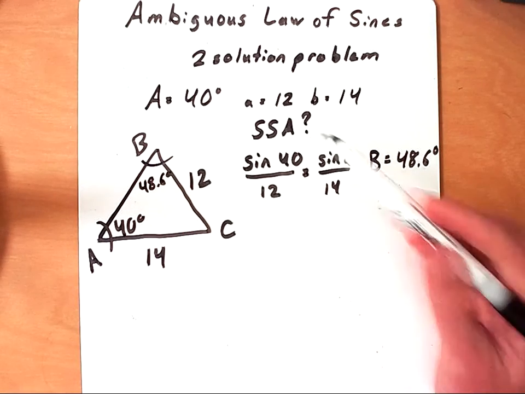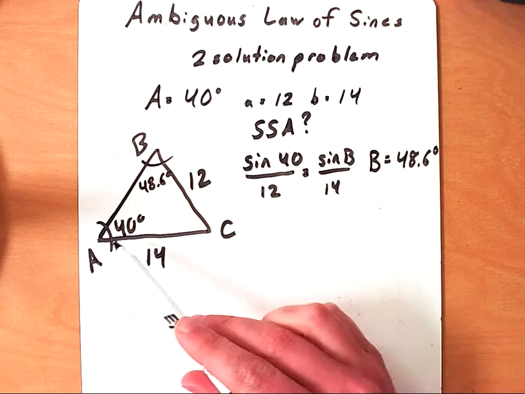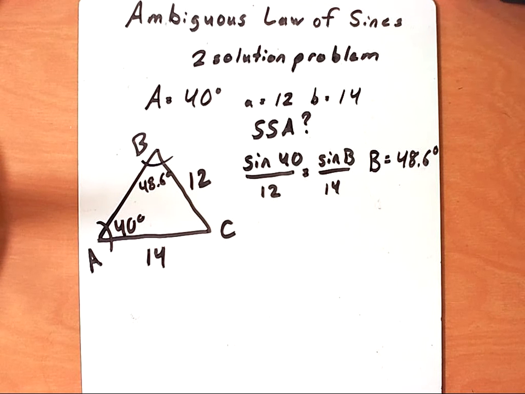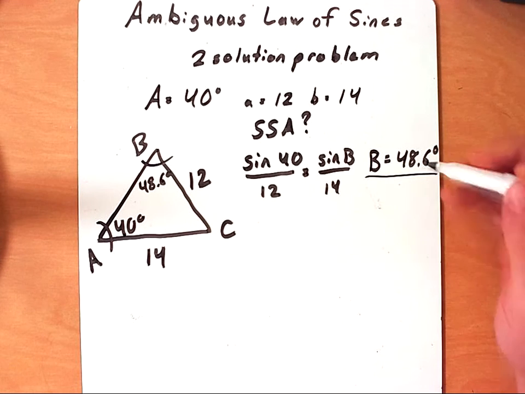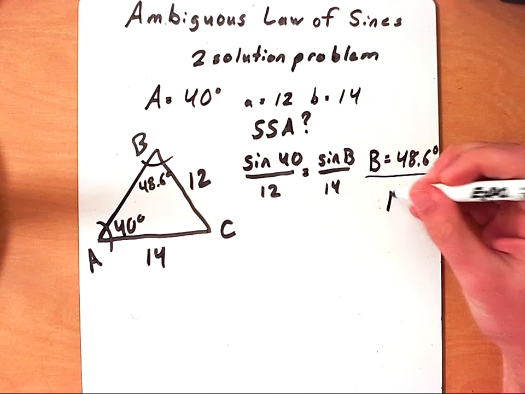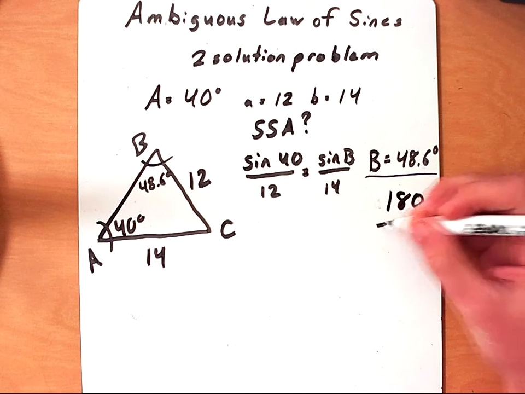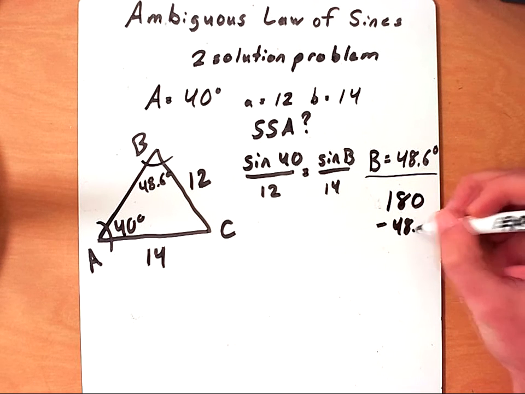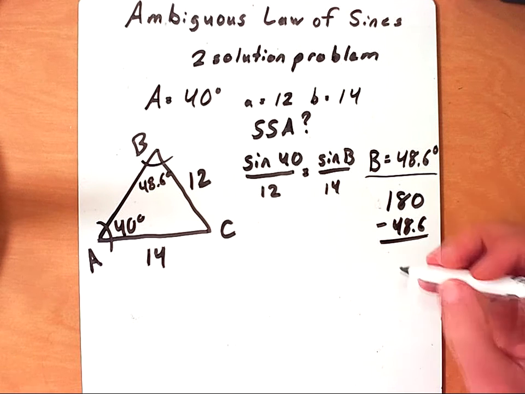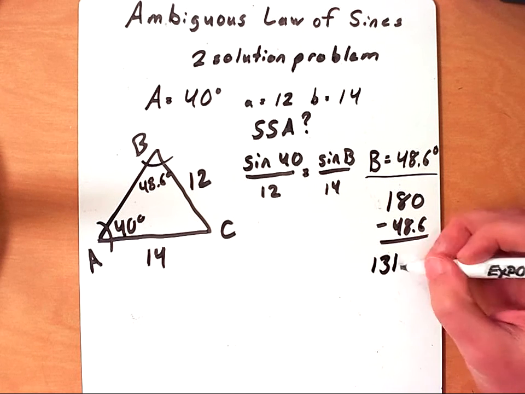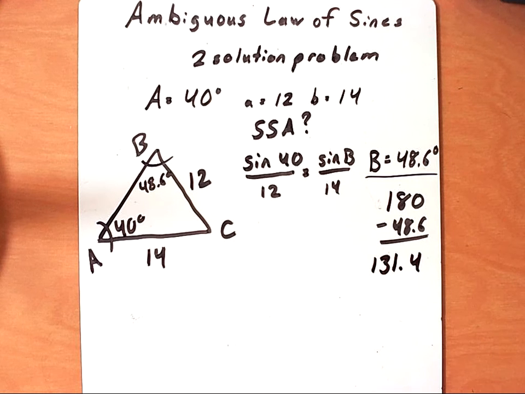All right, so now, since this is a side-side angle triangle, we were given 2 sides and an angle that was not between them. We need to stop and see if there's a possibility that there could be another triangle. And the way we do this is we take this angle that we just found, so 48.6, and we're going to subtract it from 180. So 180 minus 48.6. If you plug this into your calculator, you're going to get 131.4.